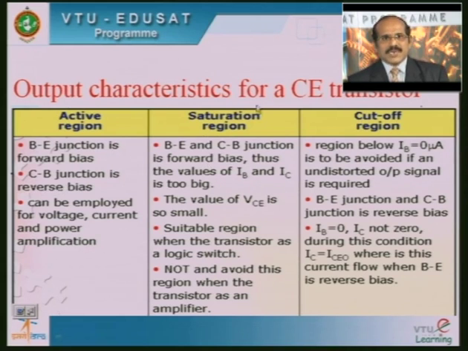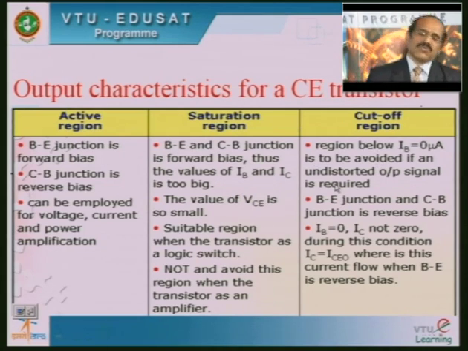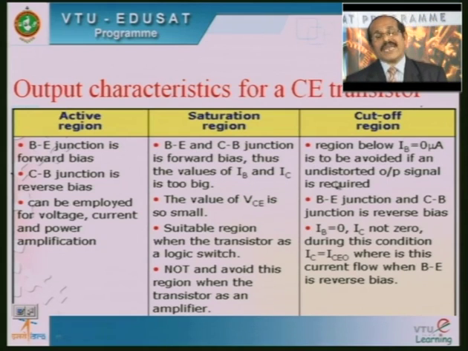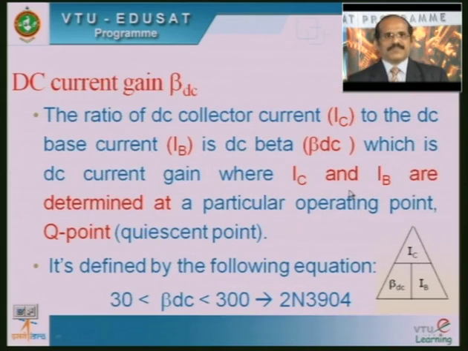This active region is preferred for amplification purposes. In the saturation region, the input junction and output junction are both forward bias, and this region is preferred for switching operation. In the cutoff region there is no conduction of current, only a small leakage current flows, and both input and output junctions are reverse bias.